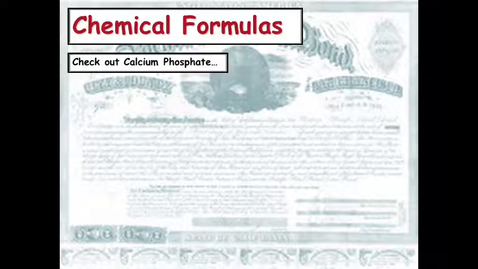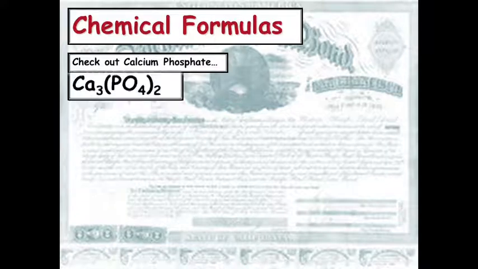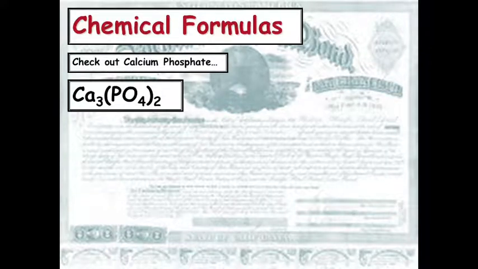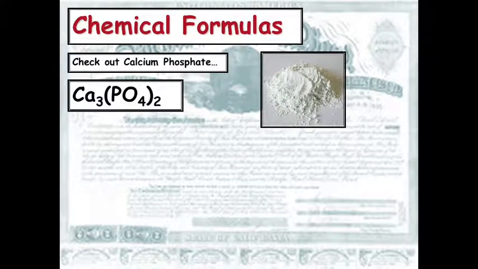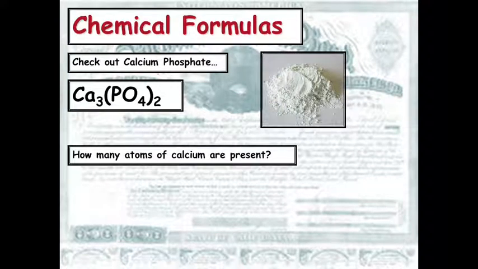Now, calcium phosphate. A great fun one. We have parentheses, we have lots of numbers, we got lots to multiply. So, once again, spend about 10 seconds, talk it over at the table, see if you can figure out calcium phosphate. So we're figuring this out. How many calciums do we have? 3.